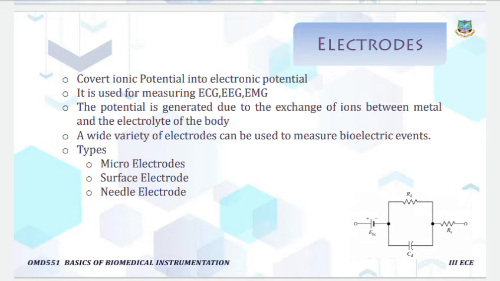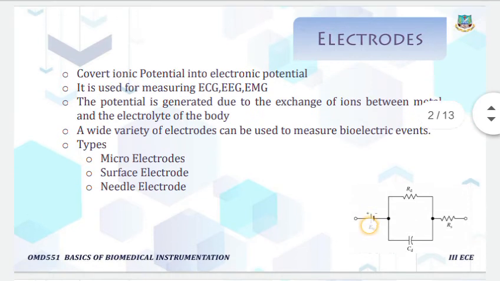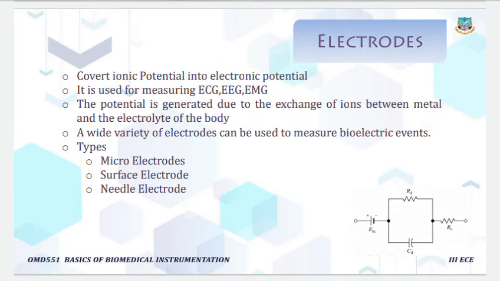Next one, surface electrode. These are the electrodes used to measure signals from the surface of the body. They measure the voltage available from the surface of the skin, and are used to sense the potential from the heart, brain, nerves, etc. Next one, needle electrode.